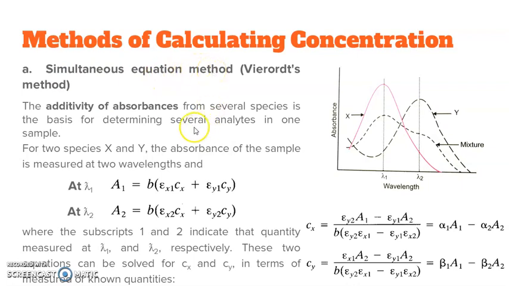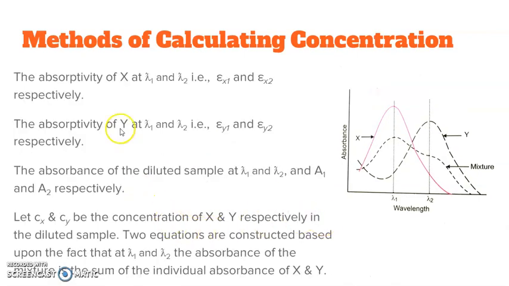So what we do is, we make sufficient or convenient diluted samples of X and Y, that is paracetamol and ibuprofen. First we try to determine the wavelengths lambda 1 and lambda 2 for paracetamol and ibuprofen. Once we have the values of lambda 1 and lambda 2 for X and Y, we go for calculating the absorptivity values.